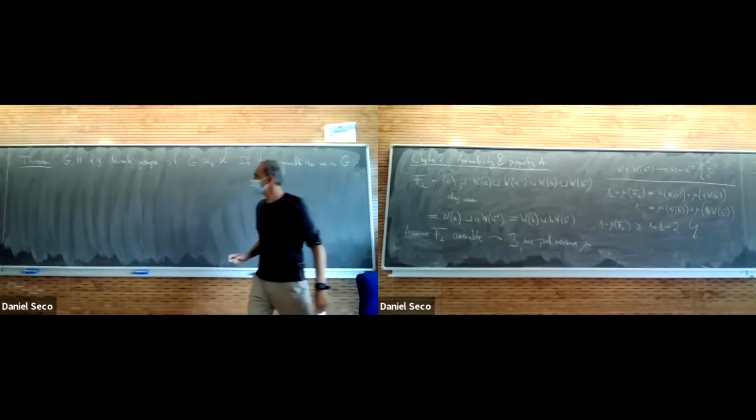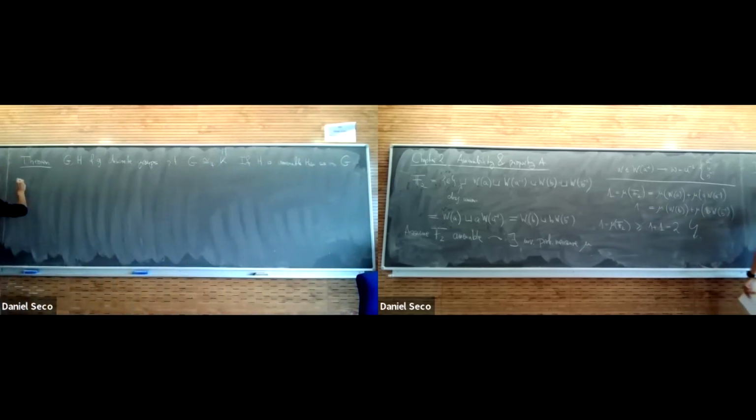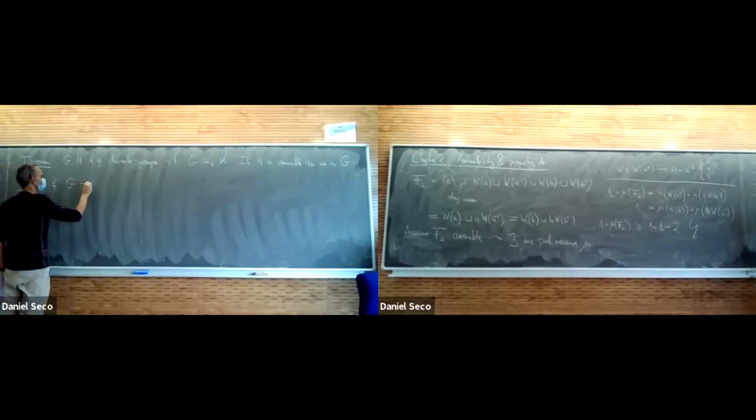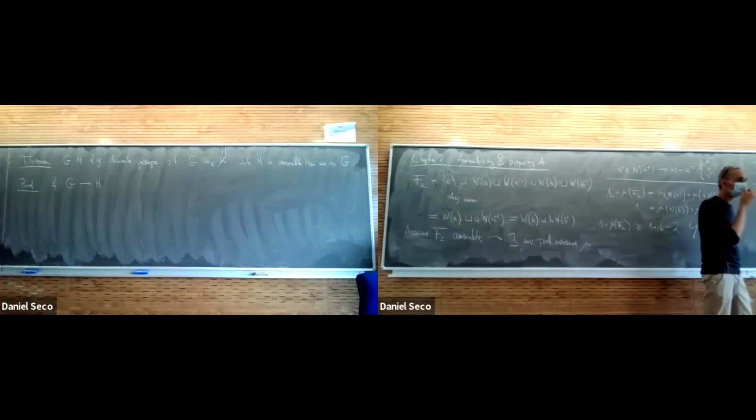The idea of this proof is the following. H has Følner sets, and we want to pull them back. Yeah? So you have F, that's a quasi-isometry.